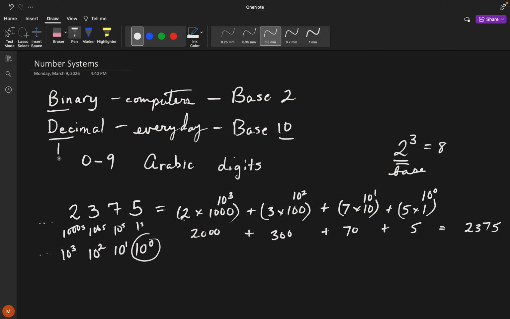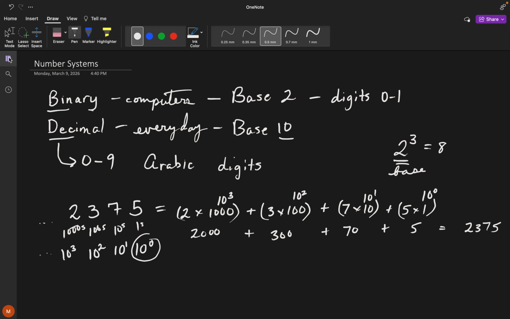And if the decimal system, base 10, gives us the digits 0 through 9 to play with, you might guess that the base 2 system gives us digits 0 through 1, not quite 2, to play with.